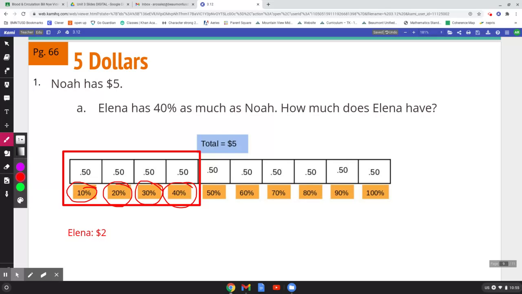So this would be a dollar, right? That's $1. 50 cents and 50 cents makes a dollar. And then this 50 cents and this 50 cents also makes a dollar. So technically, Elena has $2. So for A, you should have this tape diagram that you see on my screen, and you should also have what Elena has.